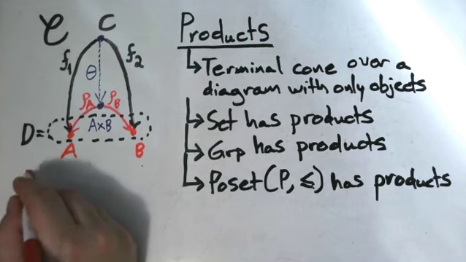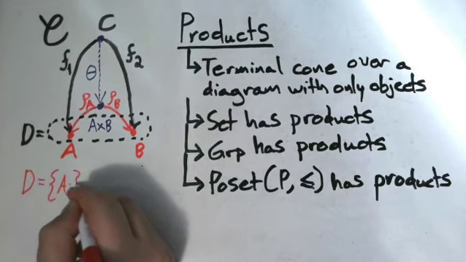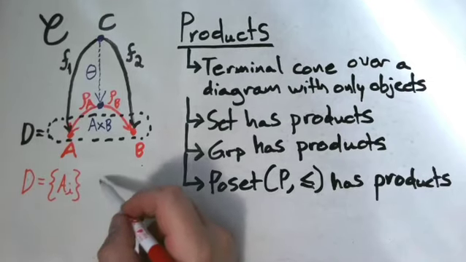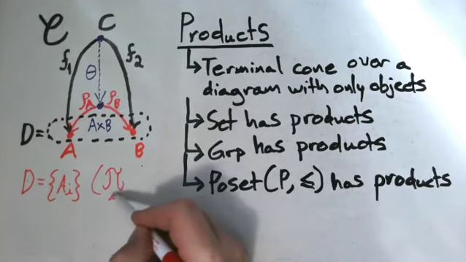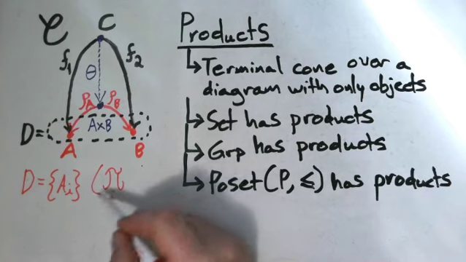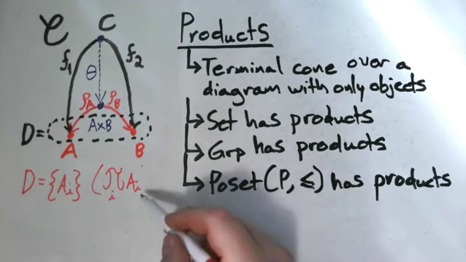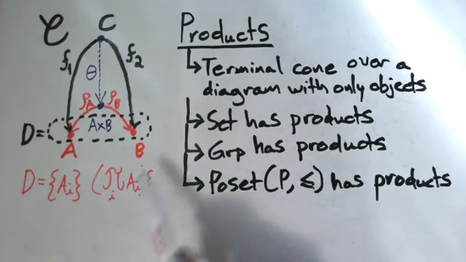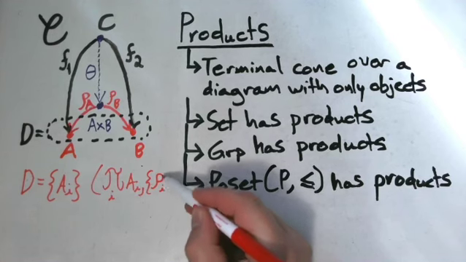So if D is any diagram consisting of just a collection of objects as well as their identity morphisms, then the product is just an object in the category, which we'll call the product over all the i's of A_i. And we have, just like in any cone, the collection of legs going to each of the objects. That is, we have a projection morphism for all of the i as well.